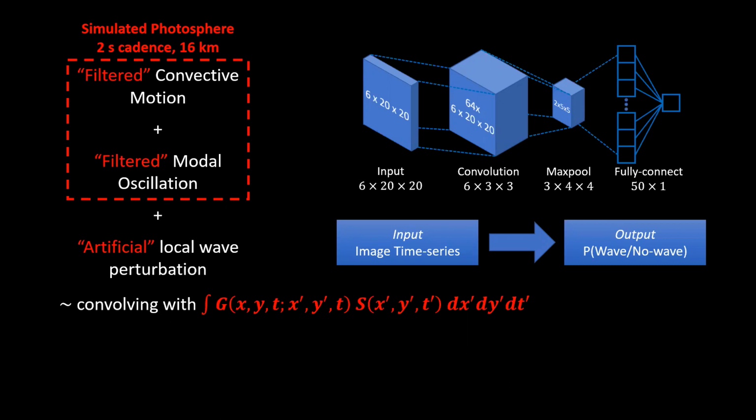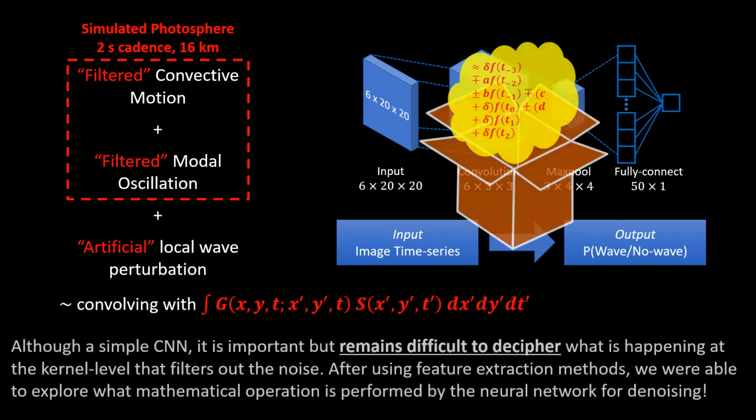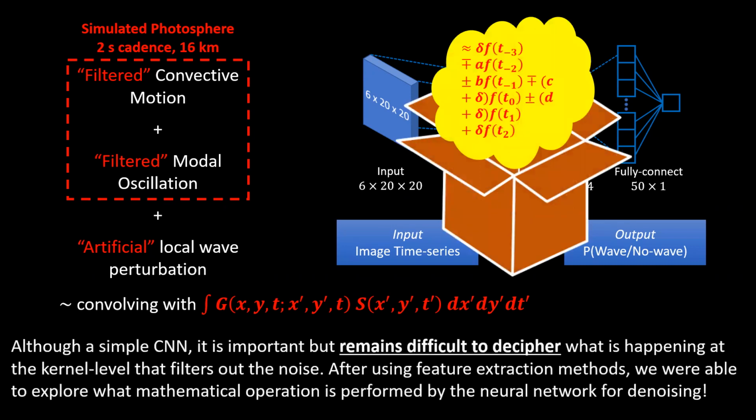But the more important thing is that we did not want to use the neural network as a black box, right? We wanted to understand what patterns the neural network is trying to pick out in order to filter these images. So we opened up the neural network. We looked at each convolutional kernel and tried to decipher what it is trying to do.